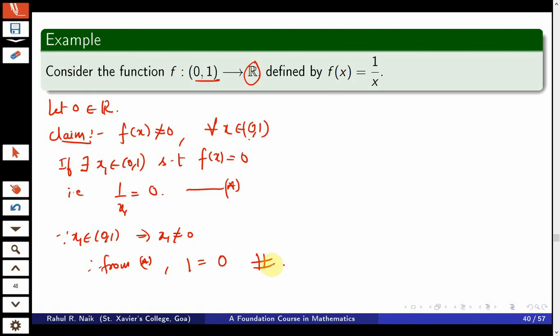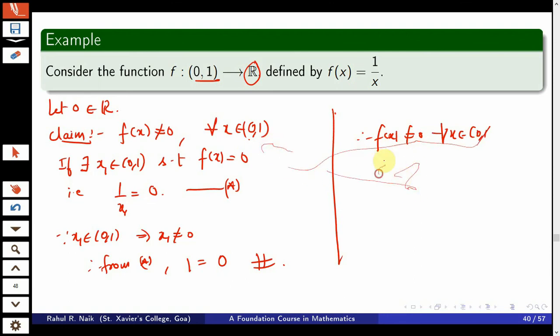So, this contradiction tells us there is no such x1 in the open interval (0, 1) such that f of x is equal to 0, and therefore f of x is not equal to 0 for any point in the domain (0, 1). So, only that 0 is creating a problem here. I am sorry for this scratch work, and this says that f is not onto.